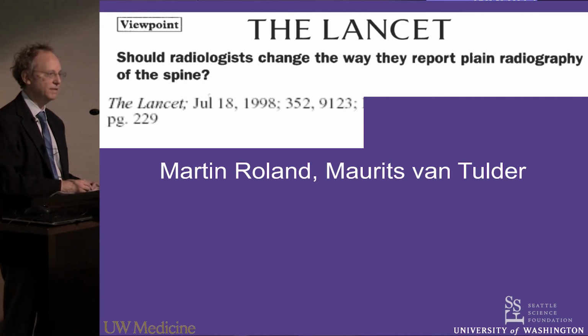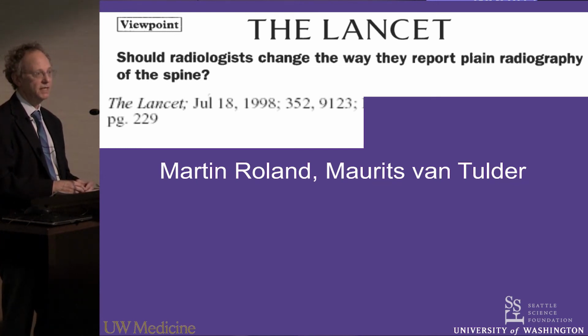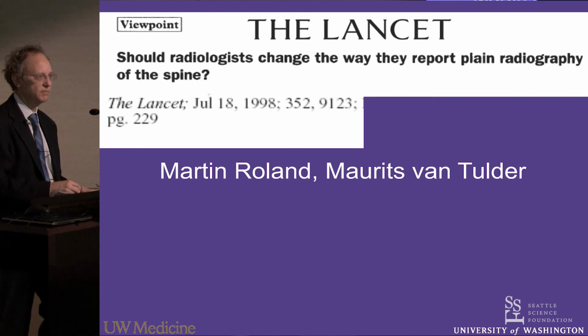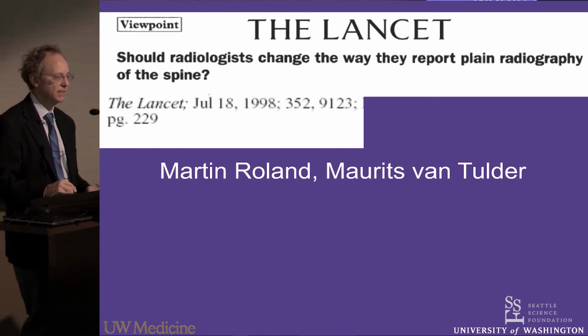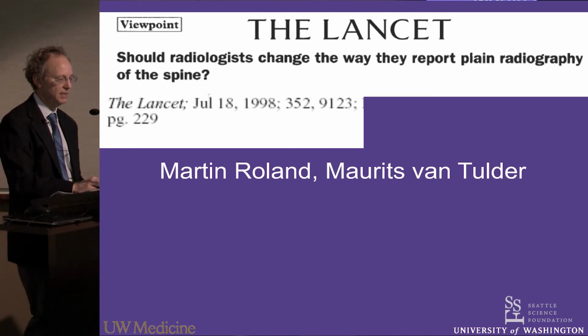They were talking about plain films, and their recommendation was to say X% of people who don't have back pain will have this finding, to put into context for, again, patients as well as primary care docs who may not be as familiar with this information, what a particular finding may mean.